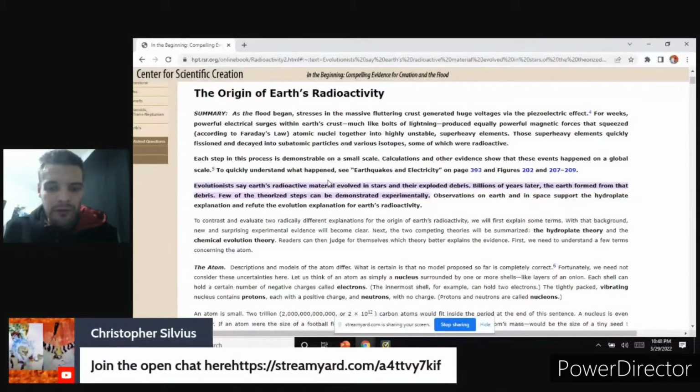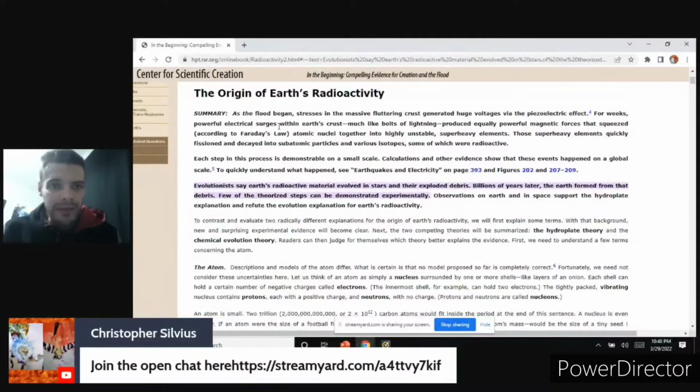But because of the evidence that this decay process was actually accelerated, we have to have a model to explain that. According to the hydroplate theory, radioactive elements were actually generated by the flood, and as a result, those decay rates were accelerated.